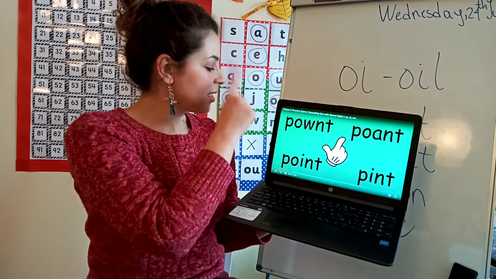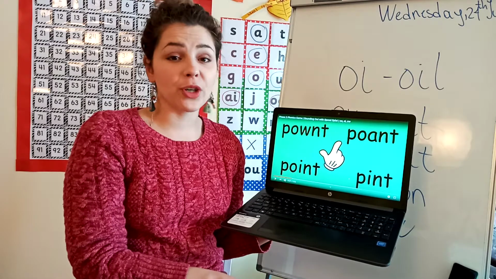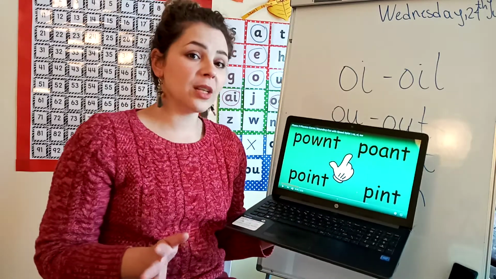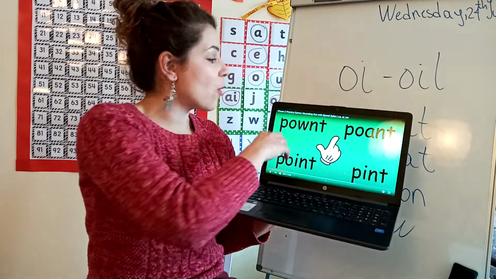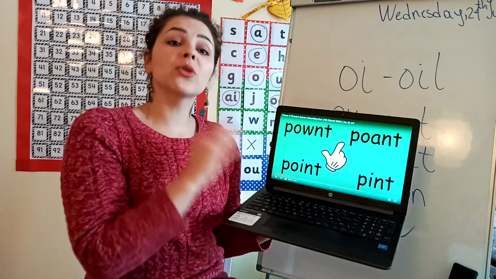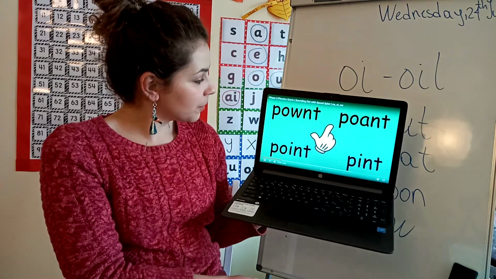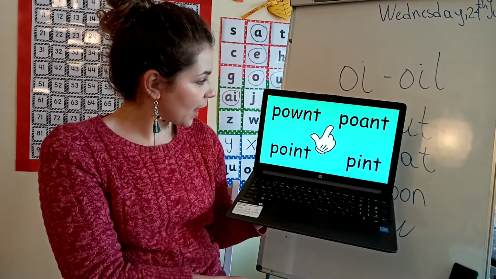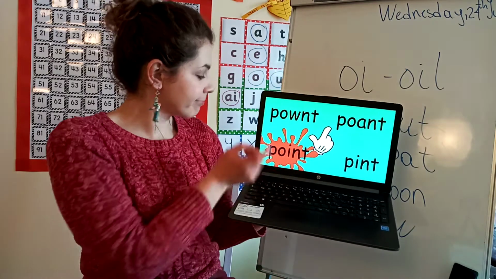It's enough just to point at the right place and then wait for the correct answer. If you think you need more than 5 seconds, that's perfectly fine. Pause the video like I'm doing right now. Go through all the words, try to read them out until you figure out which one says point. So waiting for those 5 seconds to pass.